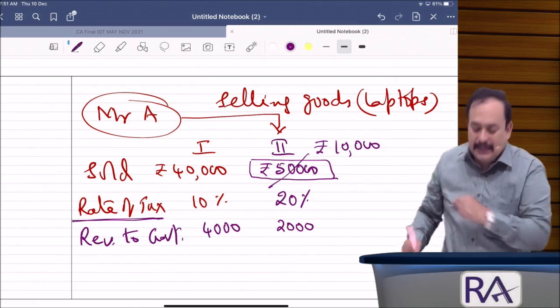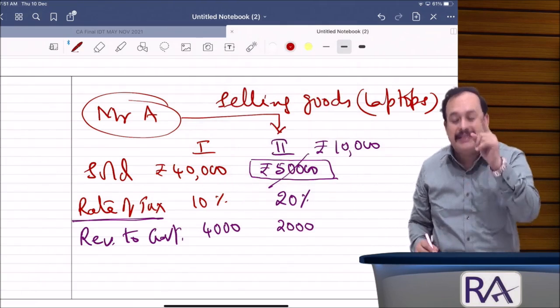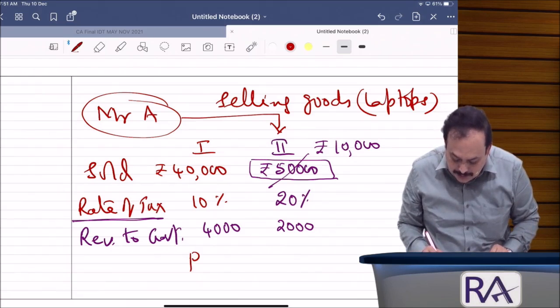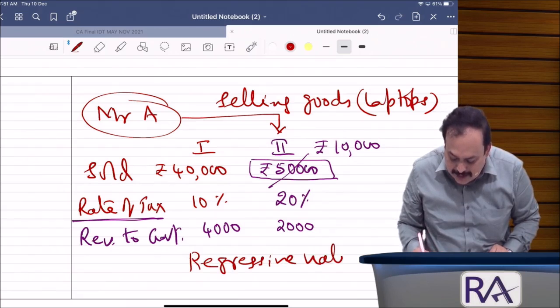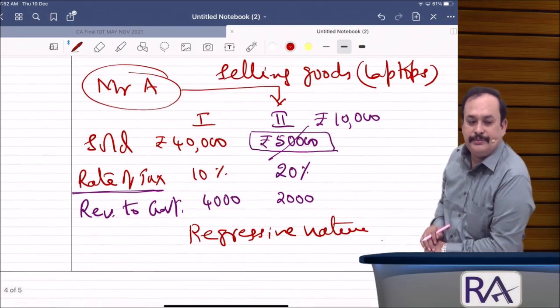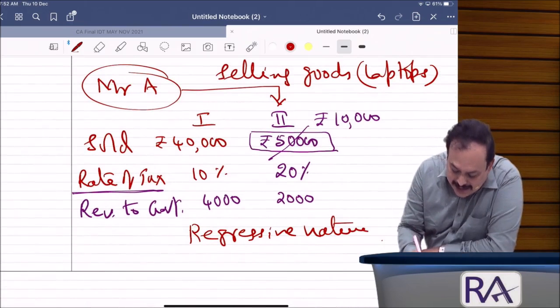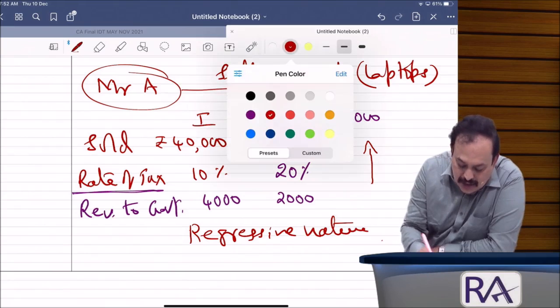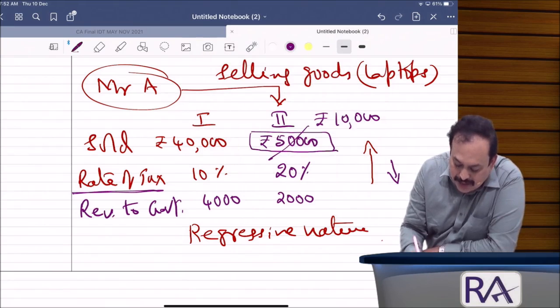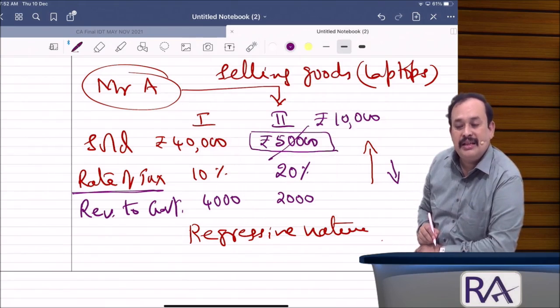So this is the regressive nature of indirect taxes when you increase the taxes. It is a regressive nature of taxation. Got the clarity, my dear sir? When you talk about indirect taxes, as the rate of tax goes up and up, the income to the government reduces less and less.